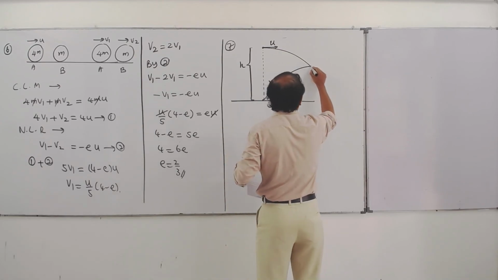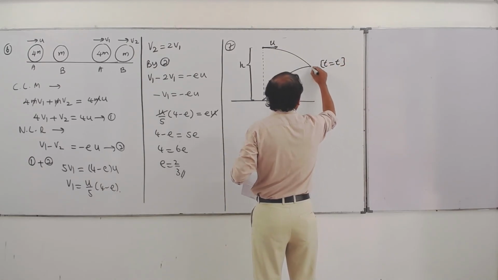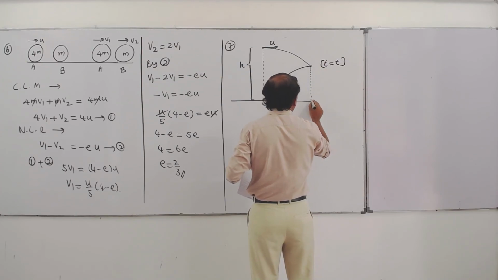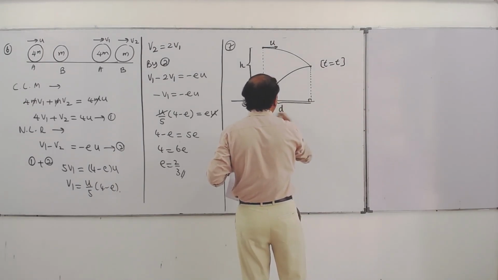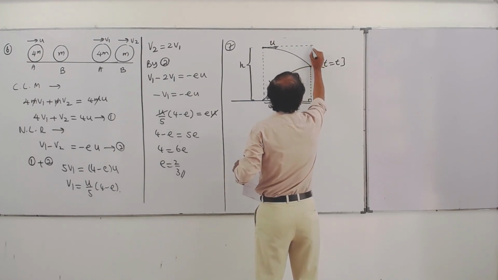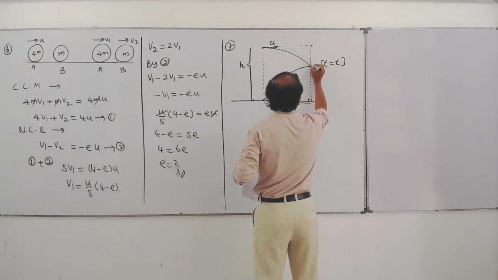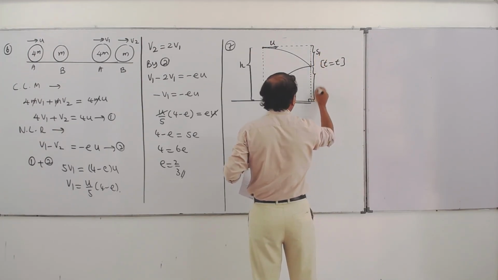At time t only this happens. So I take to this point the horizontal displacement as d, and this vertical displacement I take as s1, this as s2.